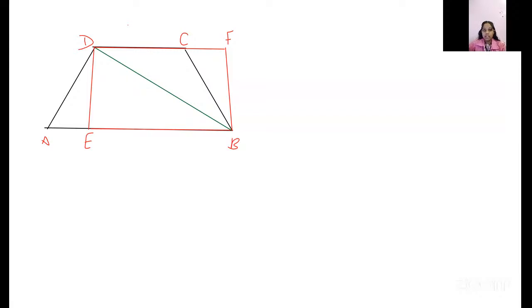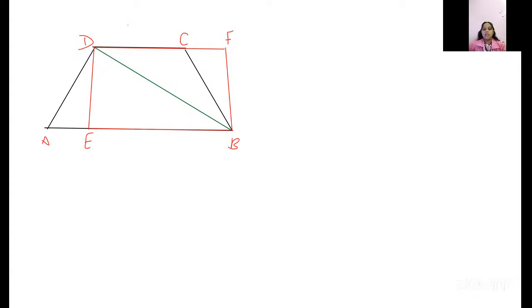Yes, AB into DE. Either you can do the area of the rectangle or you can take the area of another triangle, which is BCD. Half into BC into DE.